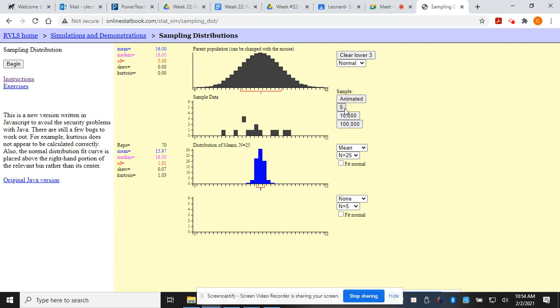What happened? What do you see that's different about my mean? I can do both on here. This one I'm going to do a mean of a sample size of 25, and here I'm going to do a sample size of 5. So that's 5 different samples. 5 of them are 25 up here. 5 of them are sample size of 5. What do you notice about those 2 graphs?